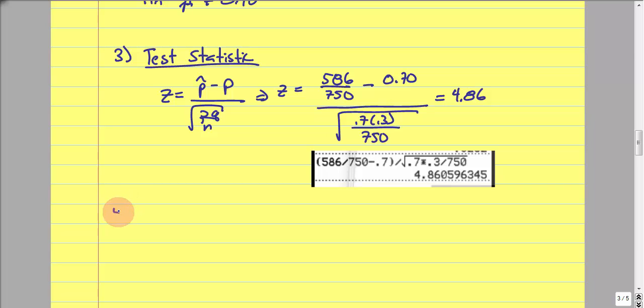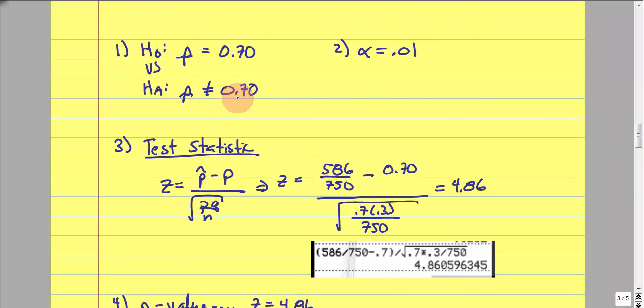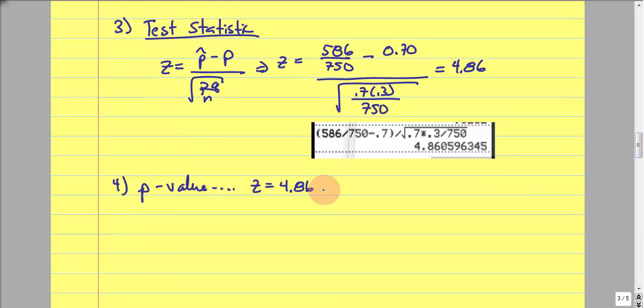Next, we want to calculate our p-value. In order to calculate the p-value, I need to know my z-value, my standardized score, and I also need to know the direction of the test. The direction of the test is my alternative hypothesis, and this is a two-tailed test.